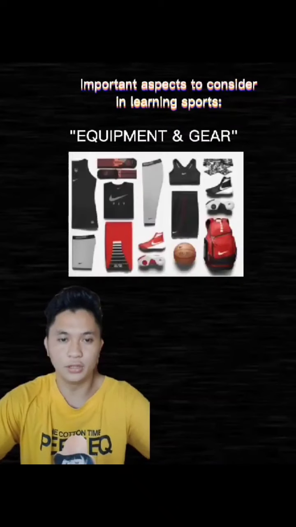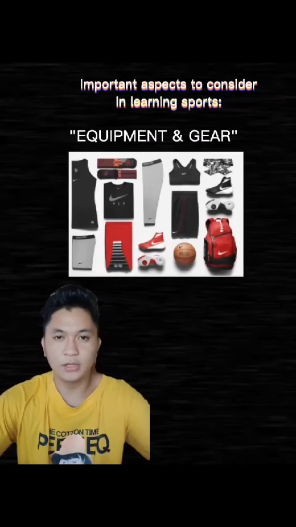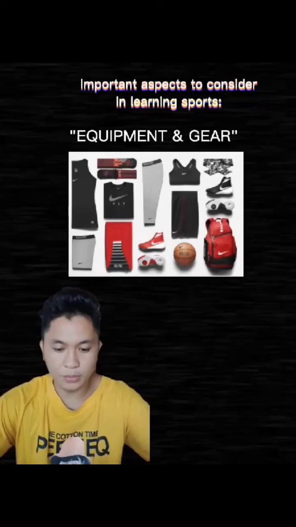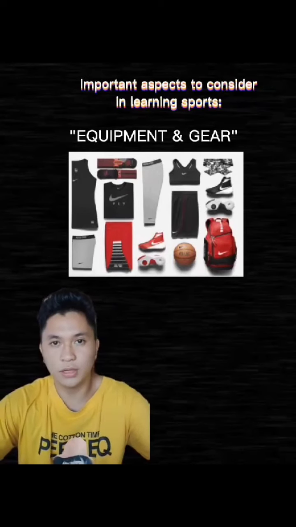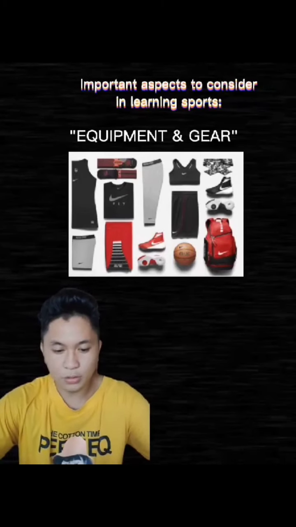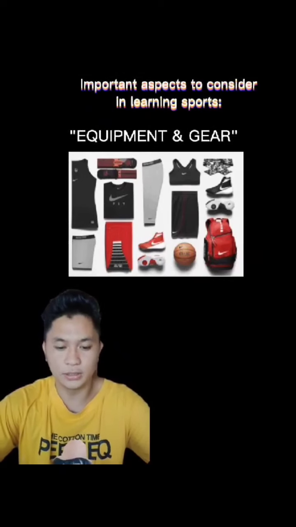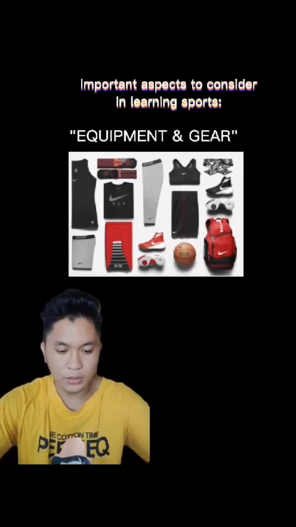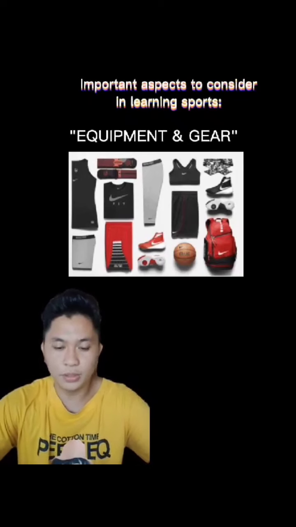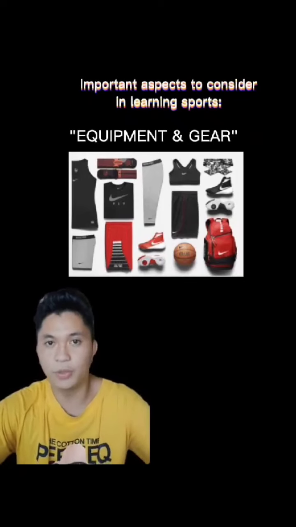Number 3, equipment and gear. Proper protective gears, uniform, outfits, which also involve safety of the players and the officials. Why is it important to have proper sports gear when playing?